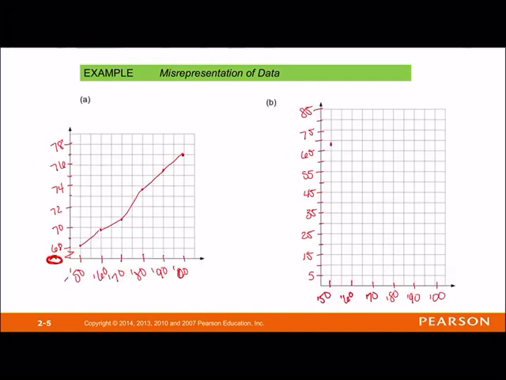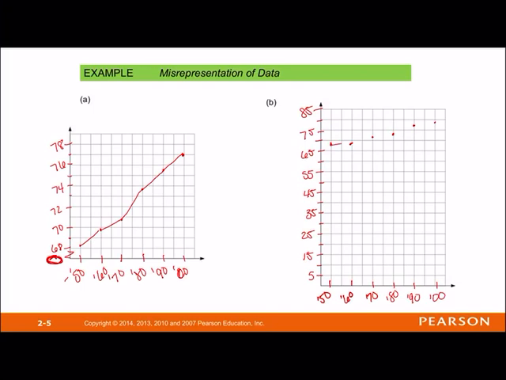Got to be careful where I touch on my screen. 1970, 70.8. 1980, 73.7. 1990, 75.4. And 2000, 77.